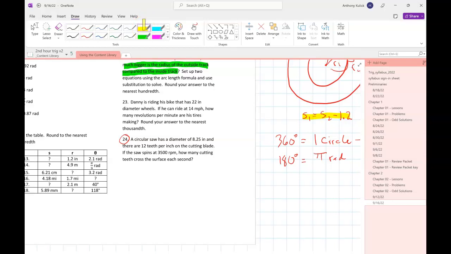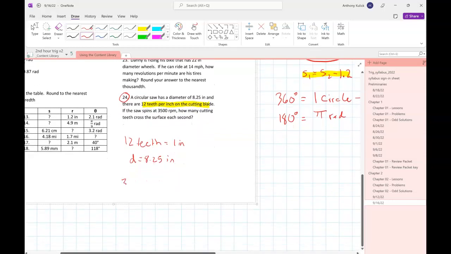What I read here is like a rate. Well, I would say this is a conversion factor, right? So I'd say I know that 12 teeth equals 1 inch. And I know that the diameter is 8.25 inches.